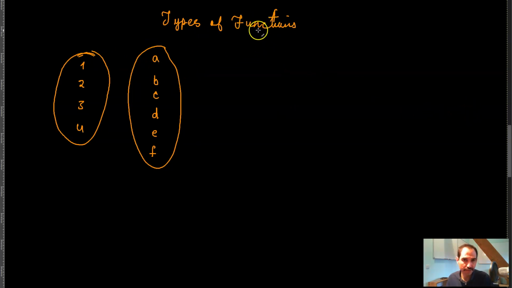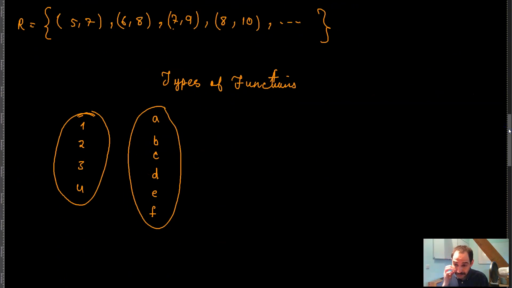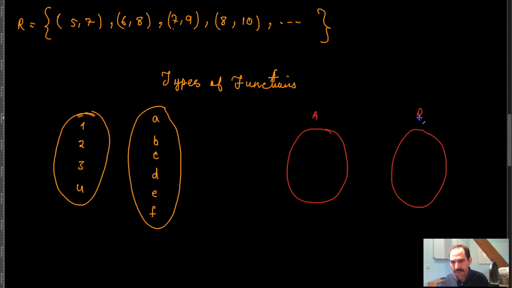Of course, a function is a type of relation, but these are strictly functions, meaning that we said that if you have this type of situation, for example, you have some set A over here, and you have some set B over here, and suppose that you have A1, A2, A3, and A4 here, and you have B1, B2, and B3 over here as the elements of these two sets.